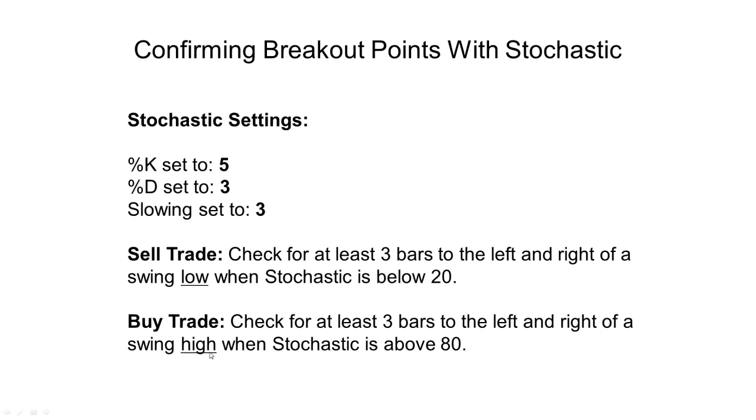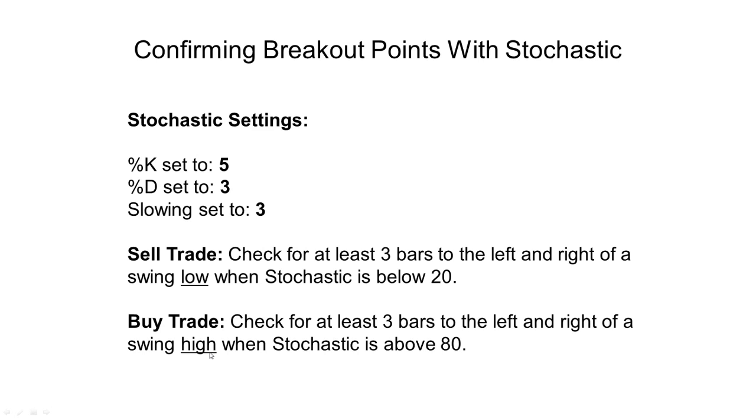Each one doesn't have to be lower highs. It just needs to have the middle bar be the highest one out of the whole group, a total of 7 bars: 3 to the left, 3 to the right, and then your middle one. And when you see that, you want to check for those when the stochastic is above 80.